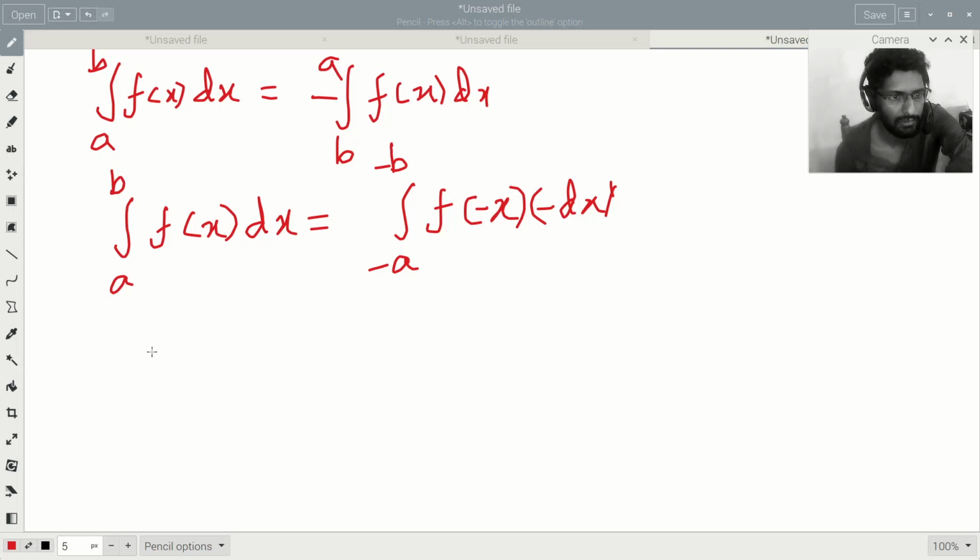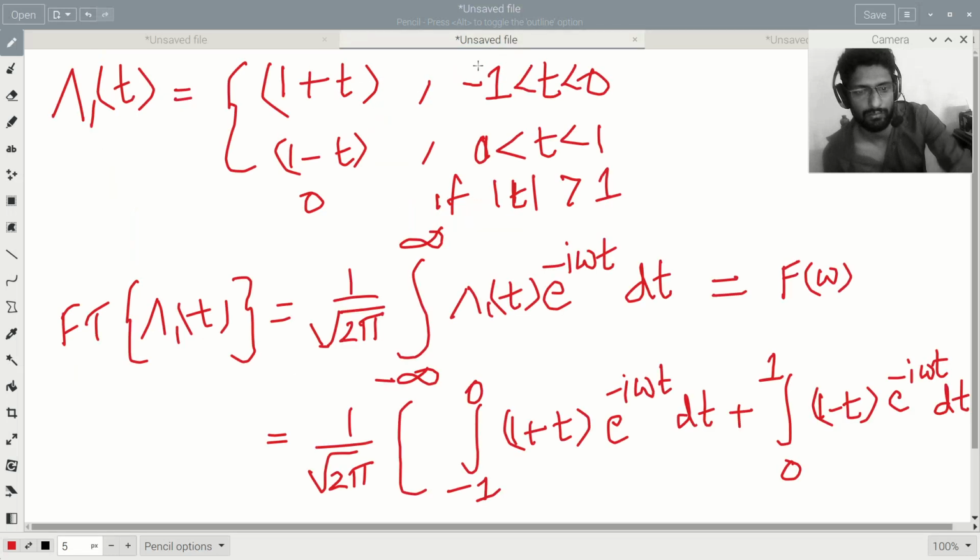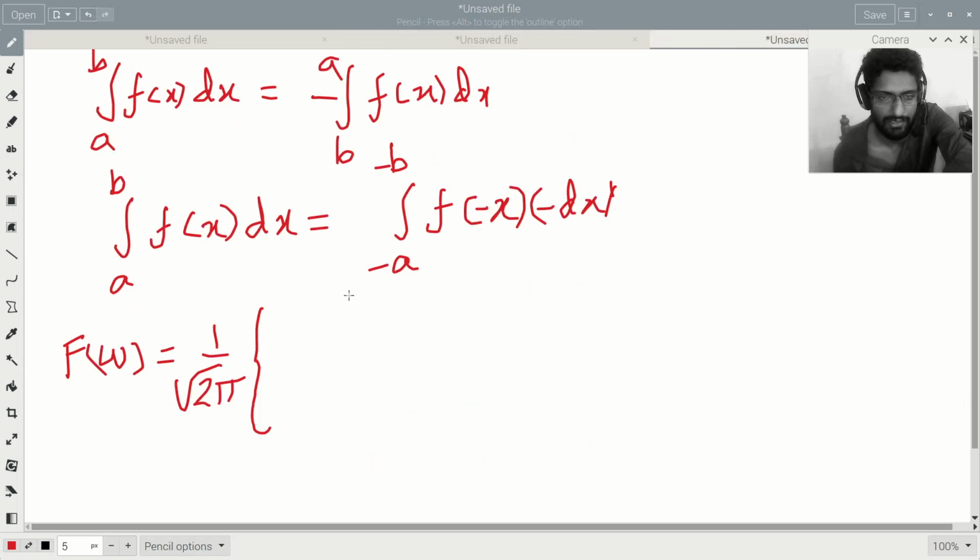Now we have our function, the Fourier transform, say F of omega is equal to 1 by root 2 pi. Okay, 1 by root 2 pi is common. Now where are we? First thing is I am reversing the limits. So first thing is integral 0 to minus 1. What is the cost?